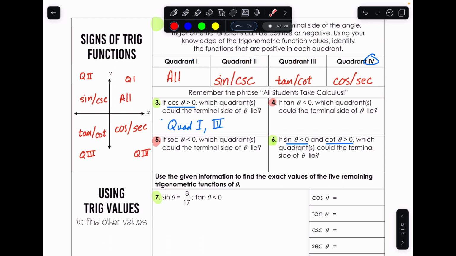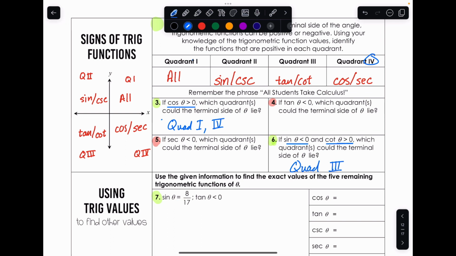The only time that tangent is positive, and thus implying that everything else is negative, is in quadrant 3 from what I can tell. Because if I said, when is cotangent positive, then I could say these two right here, quadrant 1 and quadrant 3. But I'm saying, when is this one positive and sine is negative? So here, and it's going to be negative everywhere else for sine. So only in quadrant 3.